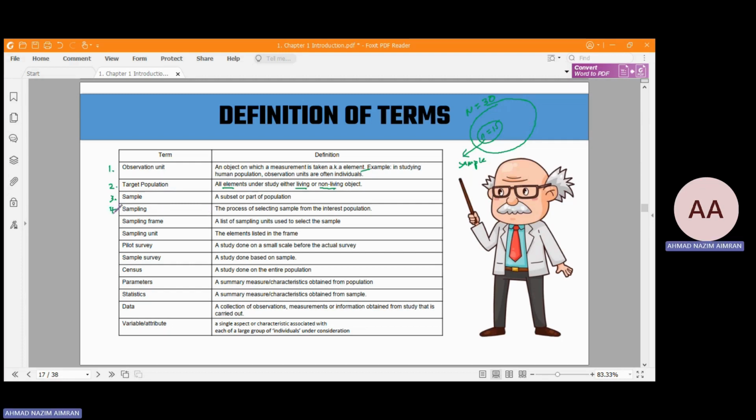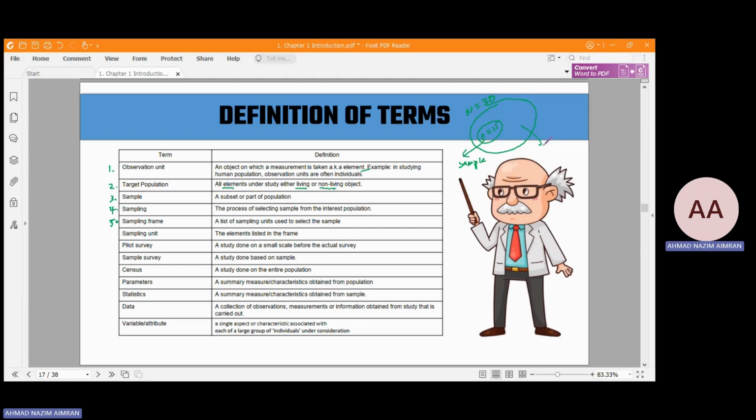Number 4, sampling, is what we have discussed previously. It is the process of selecting a sample from the population of interest. We have discussed all 8 techniques in the probability and non-probability sampling techniques. Number 5 is the sampling frame. The sampling frame is a list of sampling units used to select the sample.